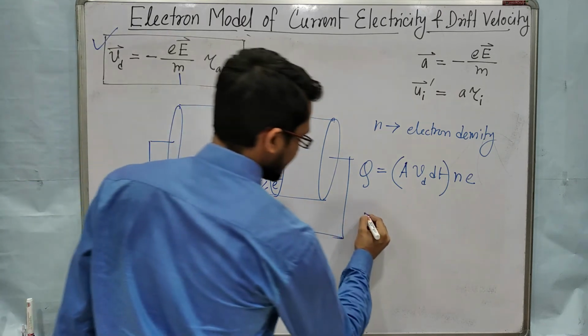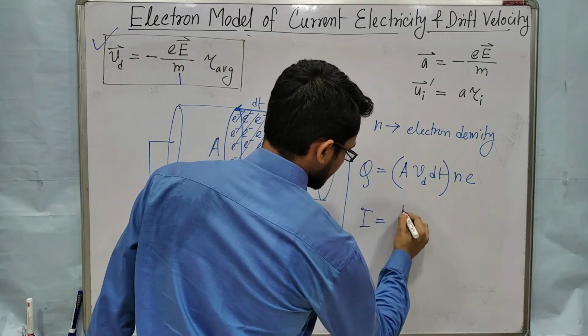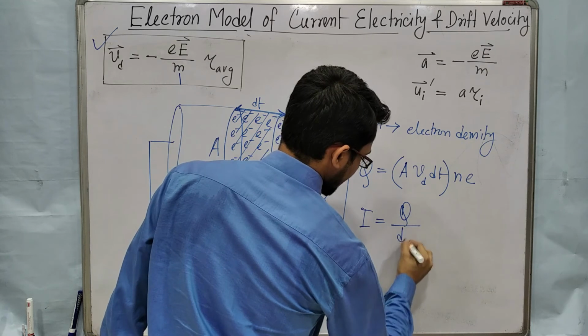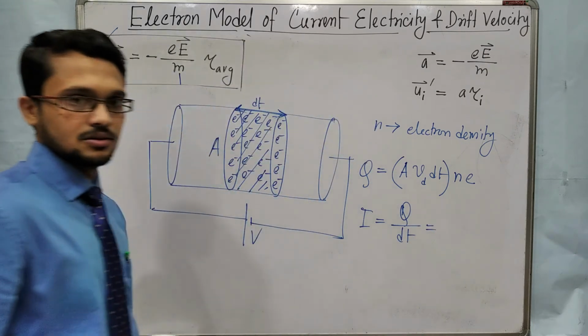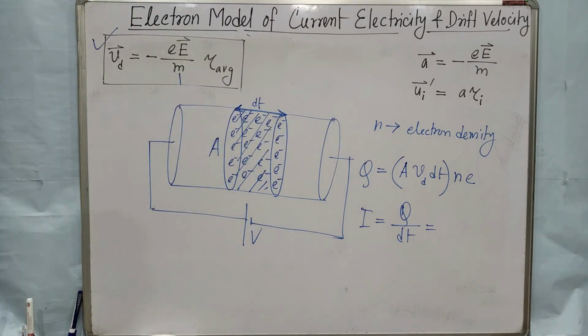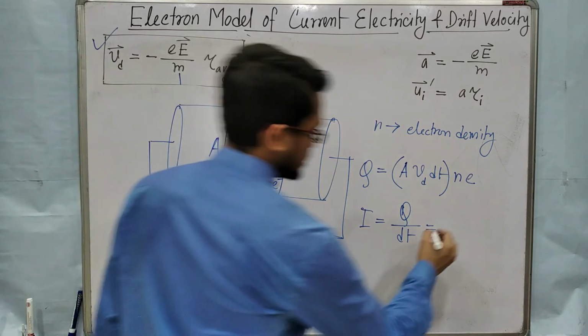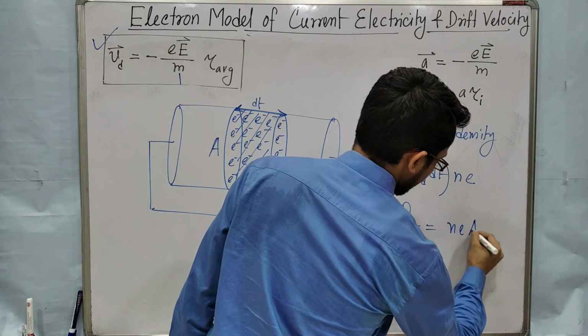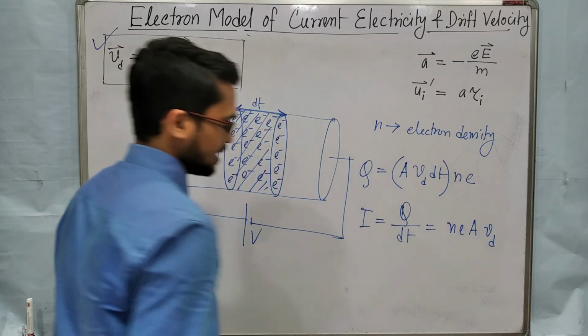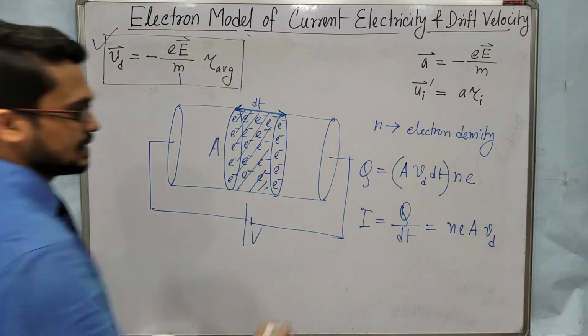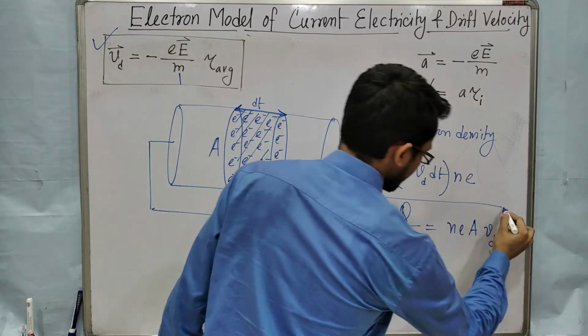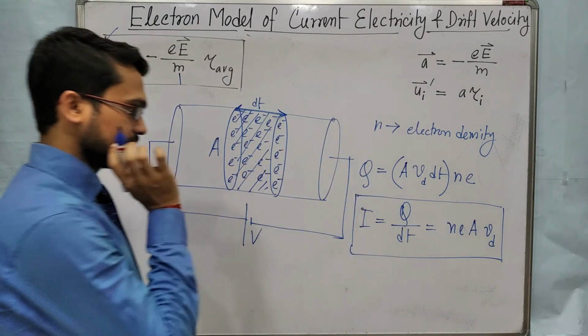So what will be the current? It will be Q by dt, the charge flowing through any cross section per unit time. So I is equal to neA Vd. This is a very important relation.